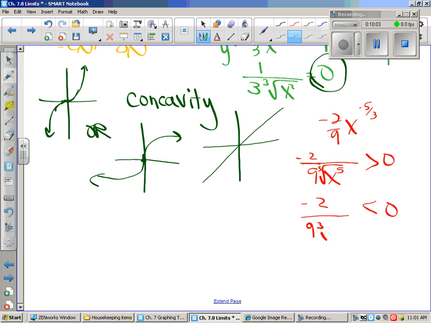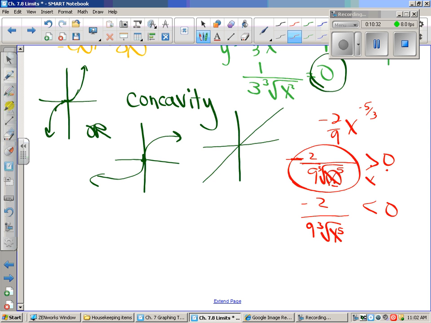Because if you think about this, do you see that this is a -2 on top? If I want this positive, the denominator would have to be negative. So what numbers, if I put a negative number in here, will it be negative? Negative to the 5th power stays negative. Do you follow that?